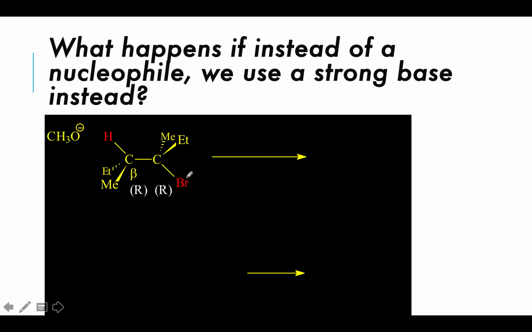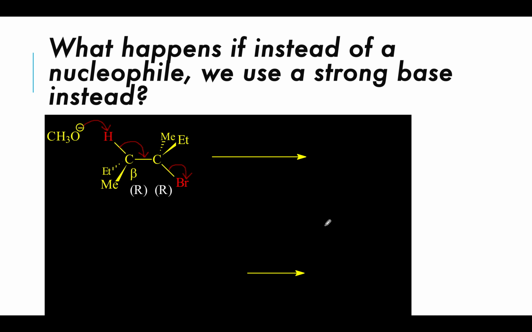So the bromine is our leaving group, the adjacent carbon, or the beta carbon, has a hydrogen, so that goes there. The bond to the proton becomes the new double bond here. And since this carbon cannot take 5 bonds, it lets go of that bromine as a leaving group.